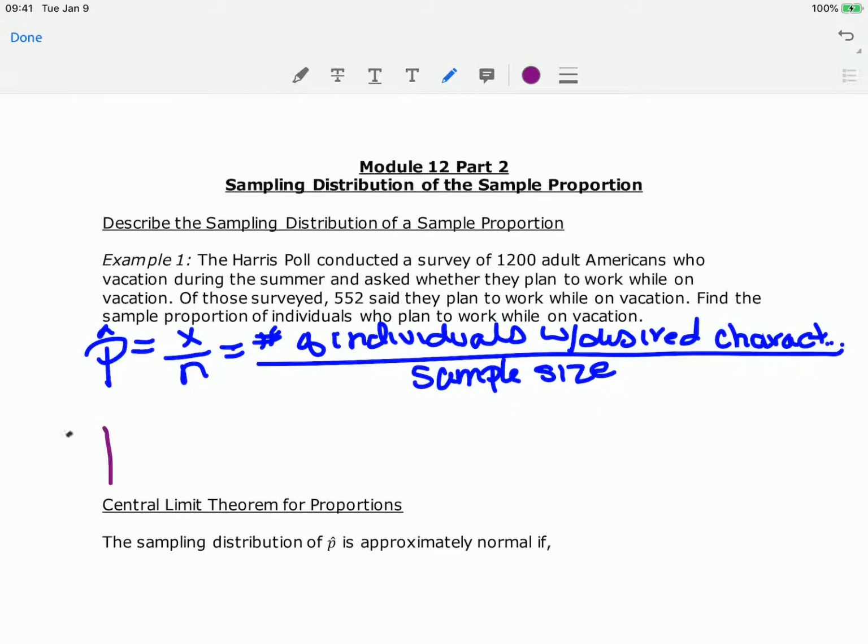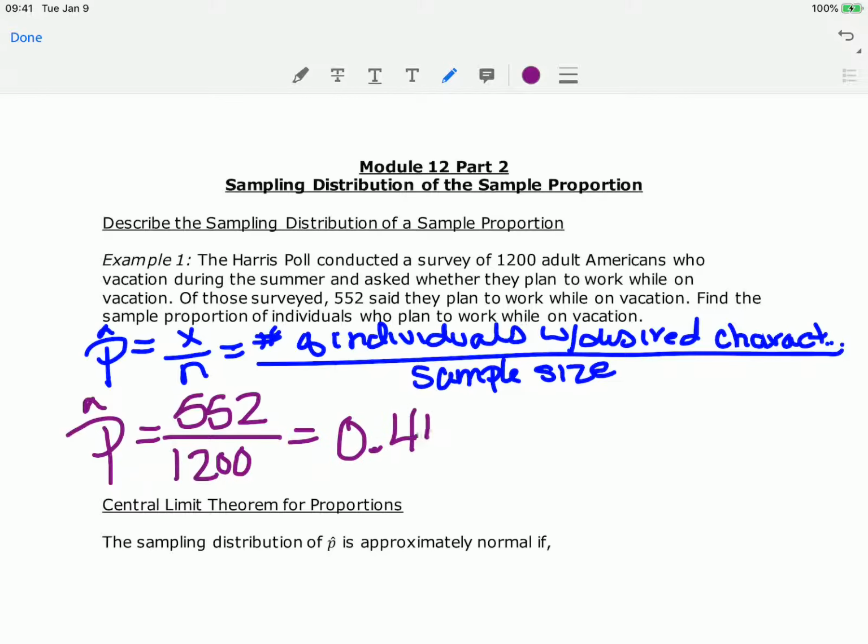So we're going to find p hat, which is the sample proportion. The number of individuals with the desired characteristic, the number of people that are going to work, is 552, divided by the total sample size of 1,200, and we get 0.46. It's as easy as that to calculate a sample proportion.